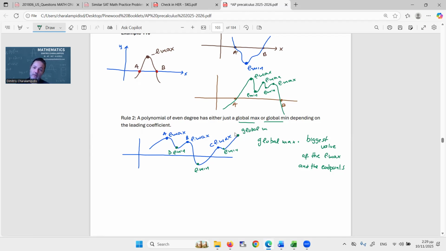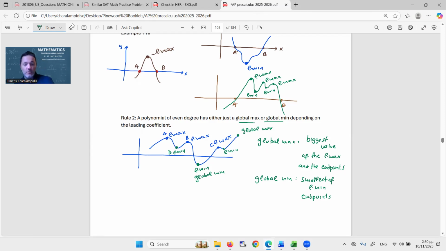This is the global max. Similarly, the global min is the function's lowest value, and we can find it by comparing the smallest of the local minimum points or the values at the graph's endpoints. In this case, this local min down there is at the same time the global minimum as well.